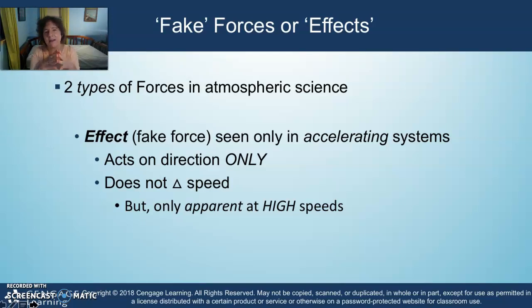So this effect in atmospheric science does not impact the speed of the vector. It only impacts the direction of the vector. And that kind of fits into what we were seeing on the map that was showing these directions skewed from high pressure to low pressure. So let's explore it a little bit more in terms of direction.